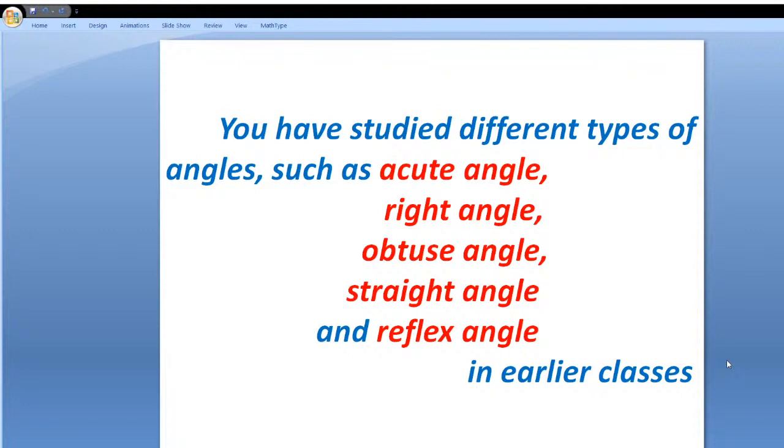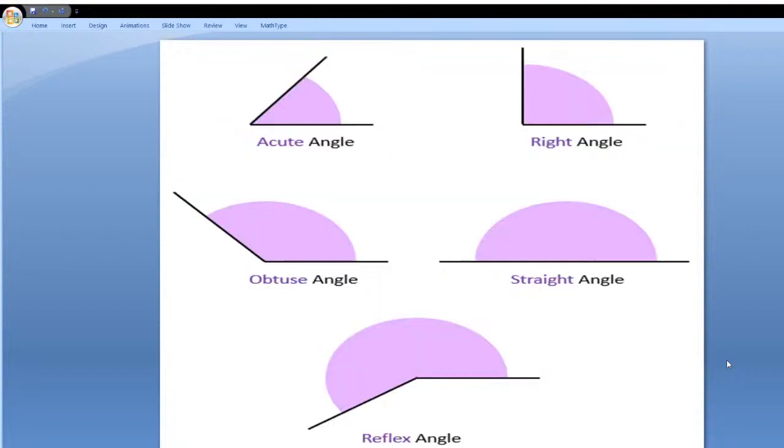You have studied different types of angles such as acute angle, right angle, obtuse angle, straight angle and reflex angle in earlier classes. So first see this. Acute angle, right angle, obtuse angle, straight angle and reflex angle.